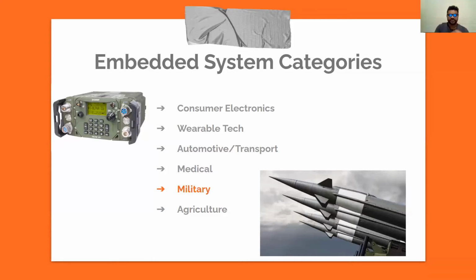If your device is consumer electronics, your temperature ranges are different, and if your device is for military purposes, then the operating conditions are completely different. And this also needs to be highly precise.